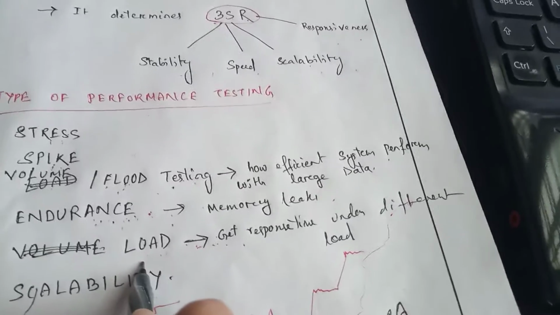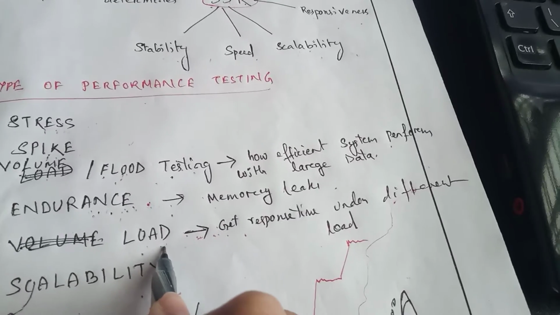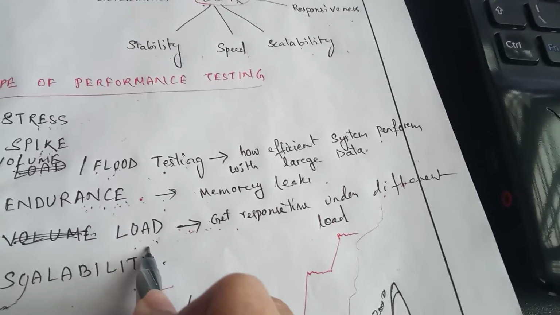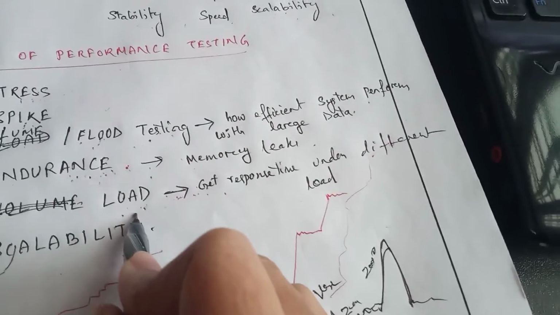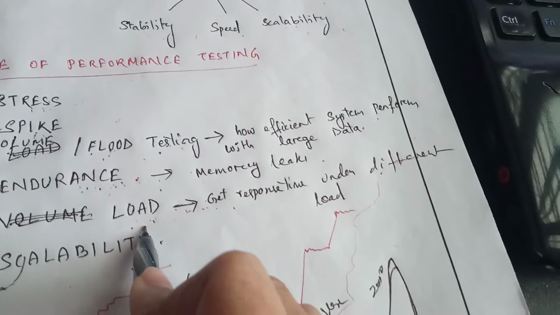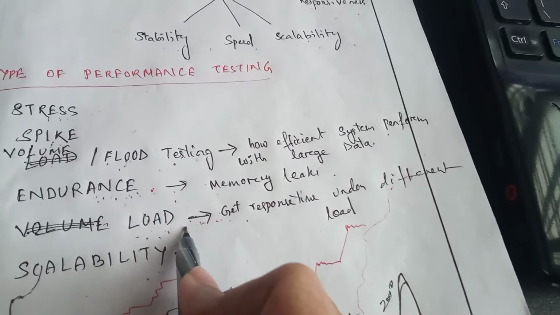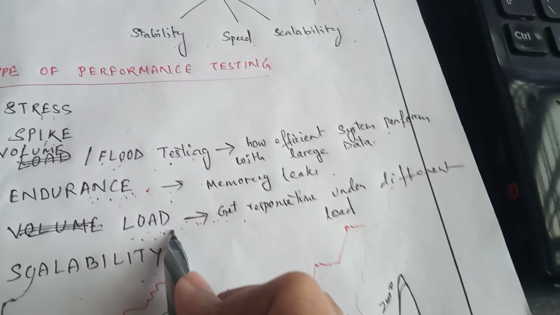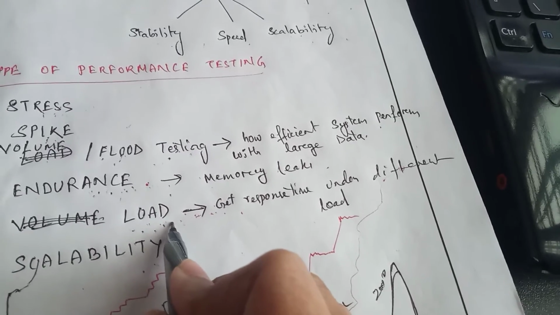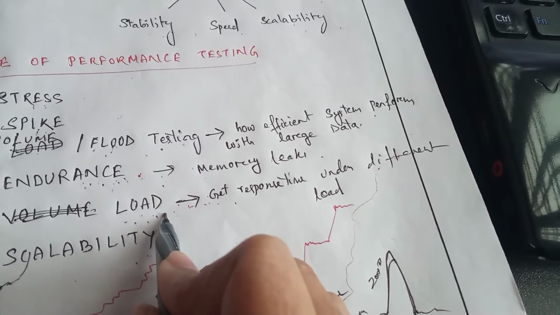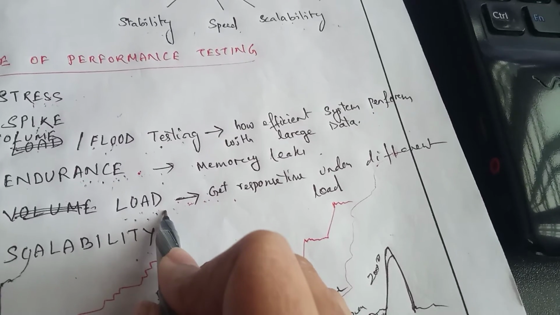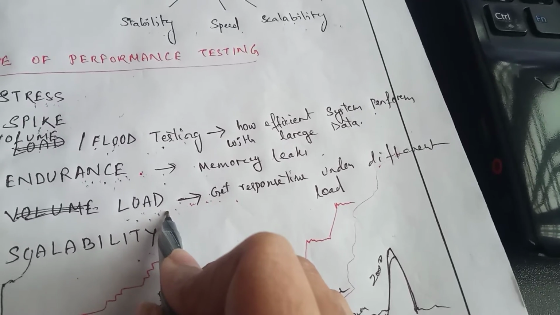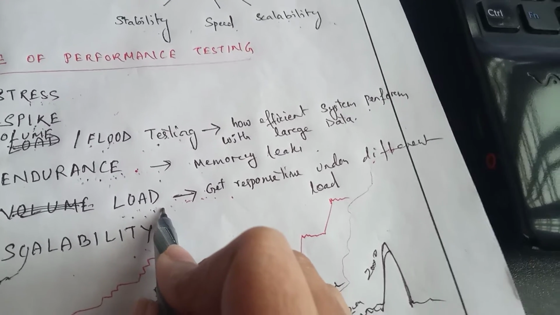Now load testing. We do different kinds of load testing to determine the response time at different workloads or different concurrent user levels. We perform with the average load and with the peak load, the highest load the application is supposed to handle. We calculate the volumetric metrics and then go ahead with the load testing.